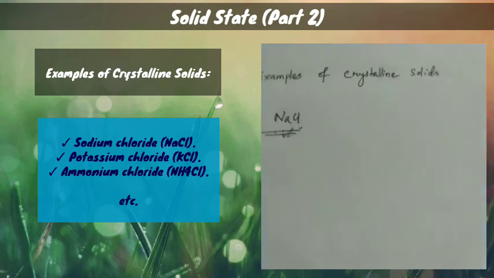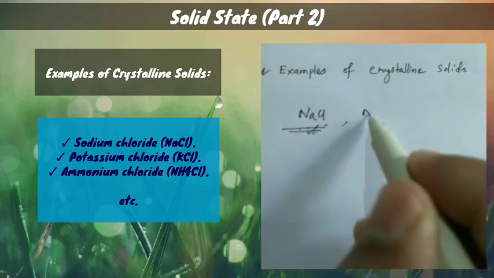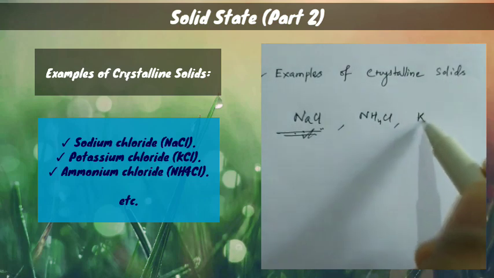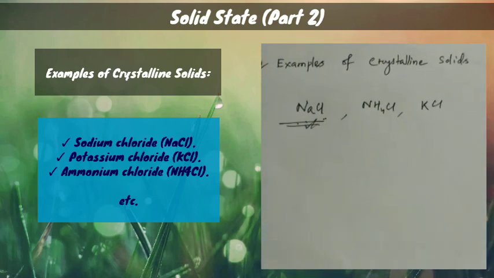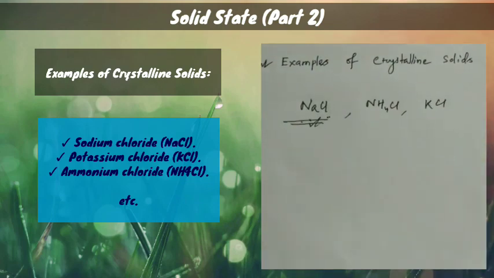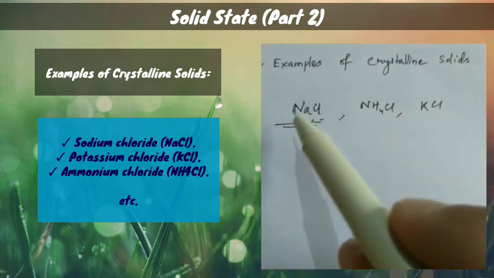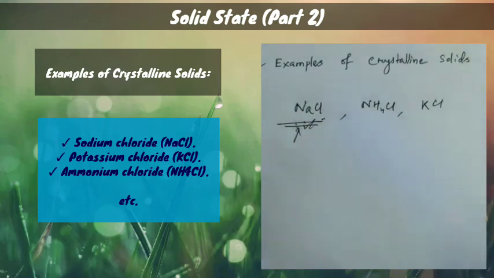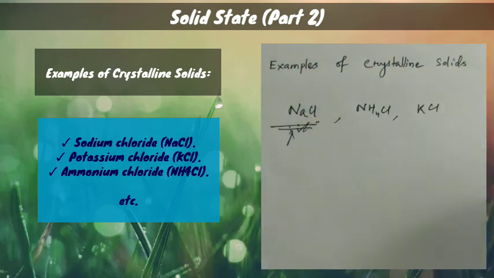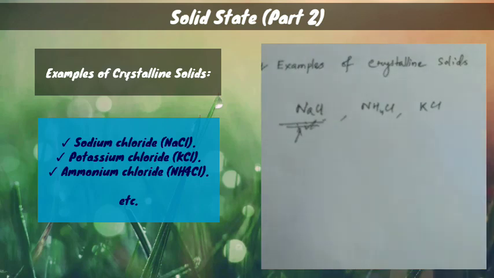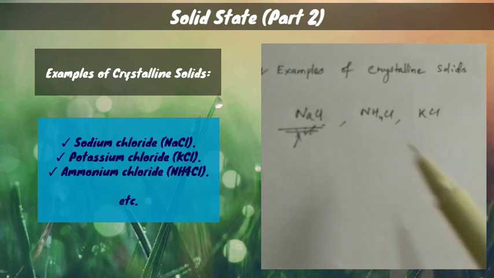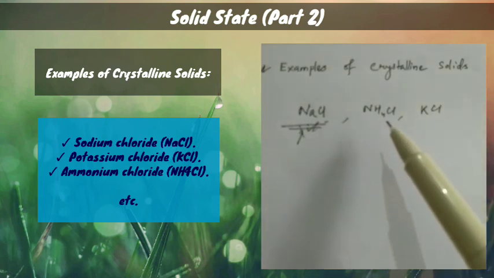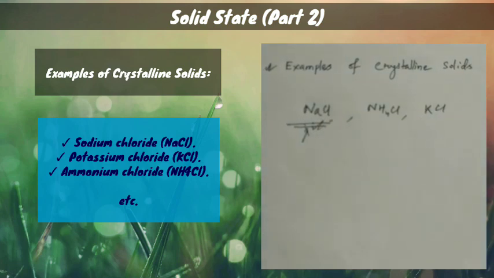So the structure of sodium chloride is a crystalline solid. Similarly, ammonium chloride and potassium chloride are all crystalline in nature. You can find many examples of crystalline solids, but these are very simple ones. You have also carried out salt analysis in your laboratory and gone through the physical appearance of the salts.